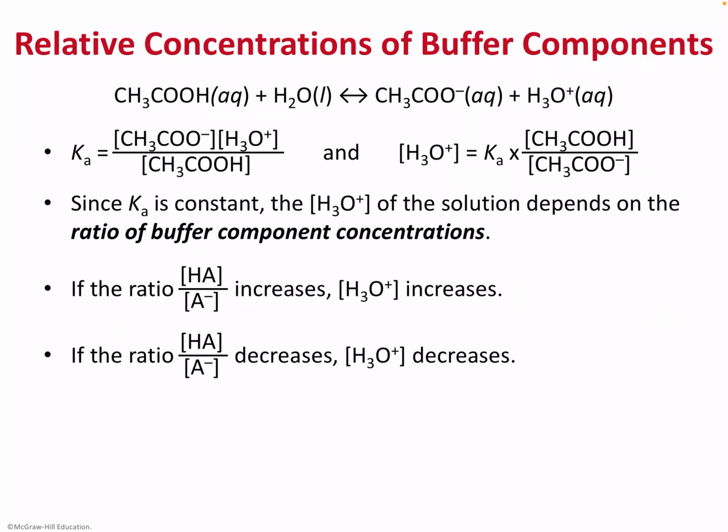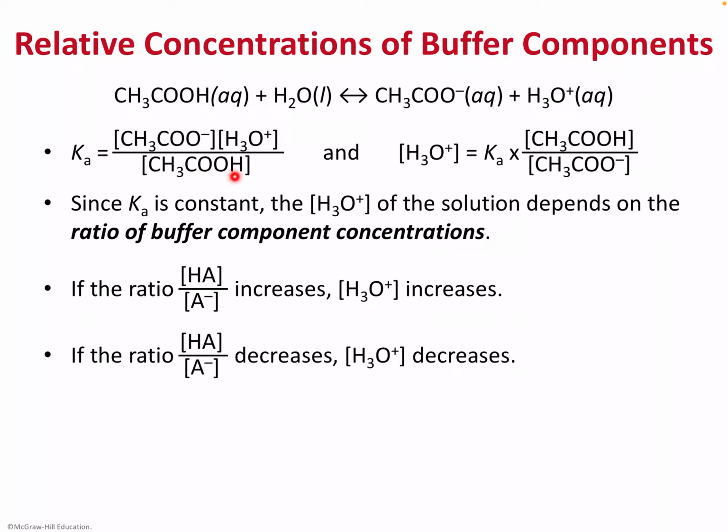Okay. Relative concentrations of buffer components. So again, we are looking at our acetic acid with water giving you acetate ion and hydronium ion. We can write the Ka expression for this equation: acetate ions times hydronium ion over acetic acid.